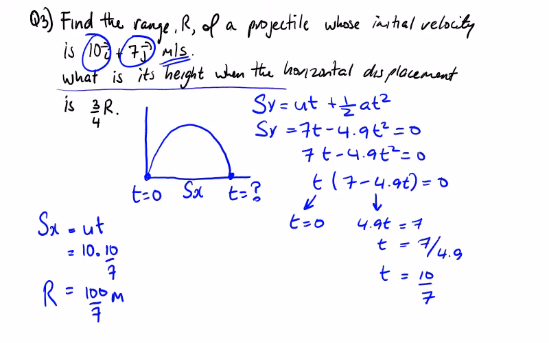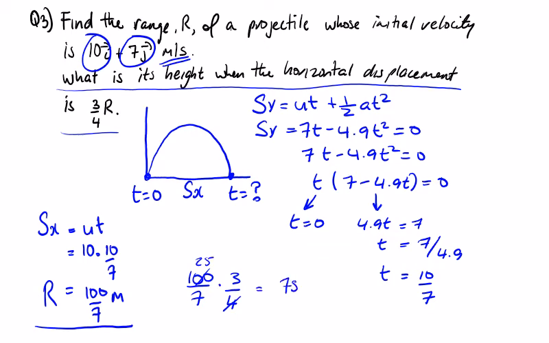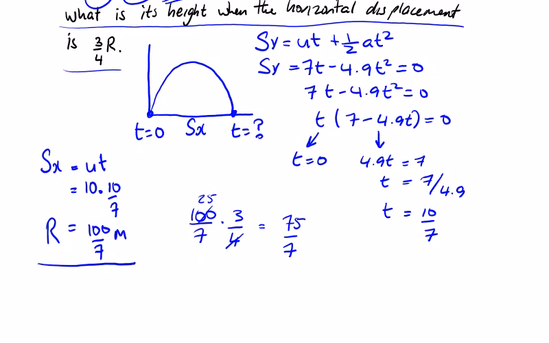So we're asked, what is the height when the horizontal displacement is 3/4 of the range? Well, here's my range. Let's get 3/4 of it. 100 over 7 by 3/4 is going to be 75 over 7. So the 75 over 7 is my s in x. So s in x, which is equal to ut, is equal to 75 over 7.